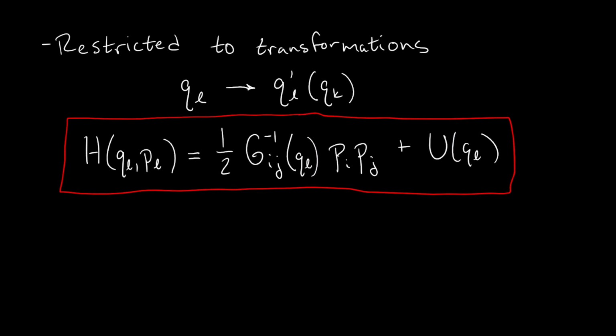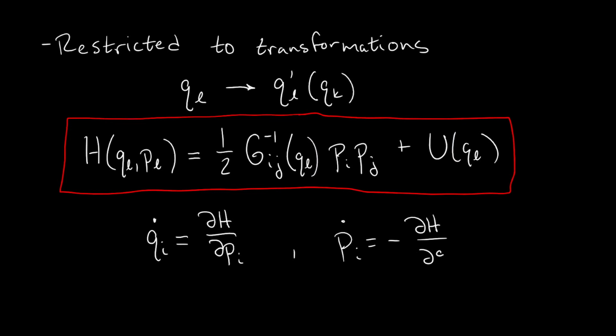And of course this led to Hamilton's equations, so the time derivative of the q's is related to the derivatives of our Hamiltonian, and same thing for the time derivatives of the p's, dH/dq sub i. So this has been our structure of Hamiltonian mechanics, provided that we're always restricting ourselves to these sorts of transformations.